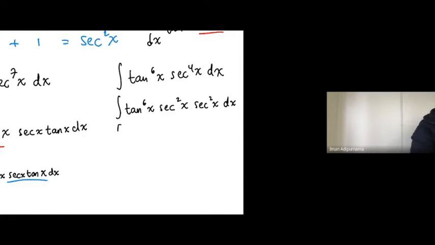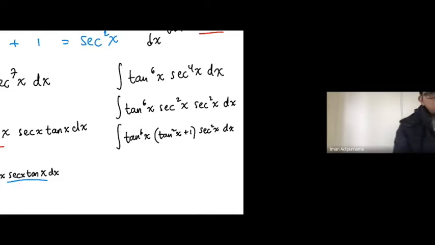So this part, I will change this, and then make u the tangent x now. And du will be the secant squared x dx. So we can cancel the secant squared.